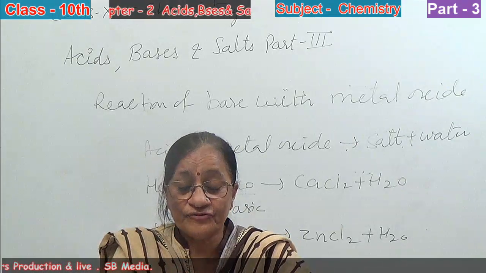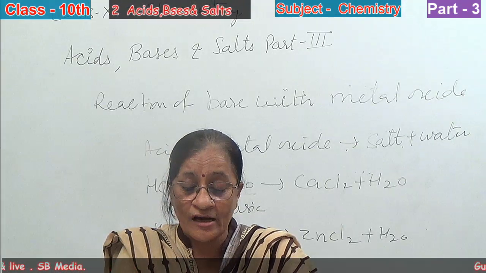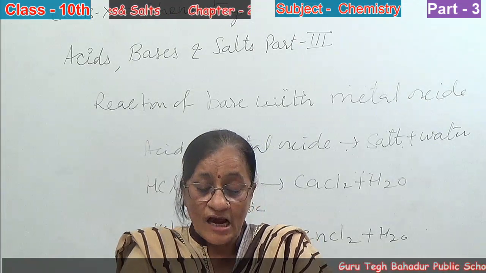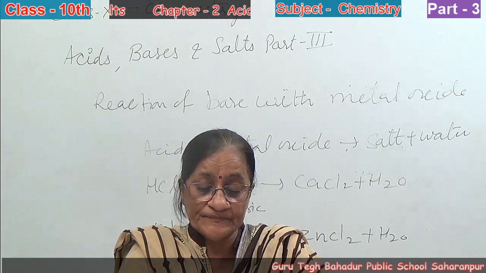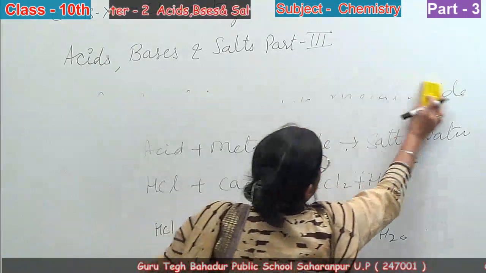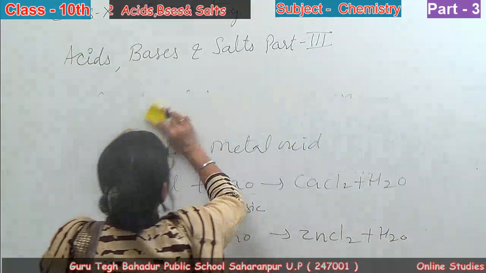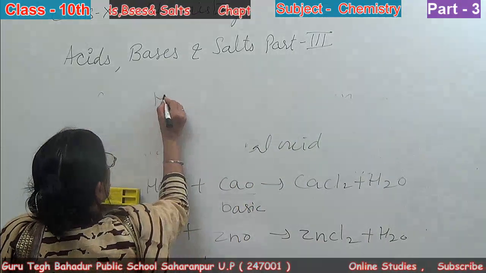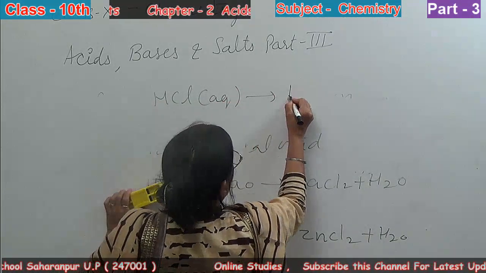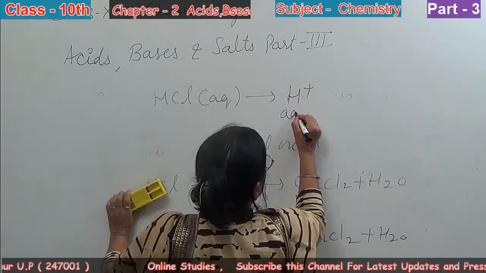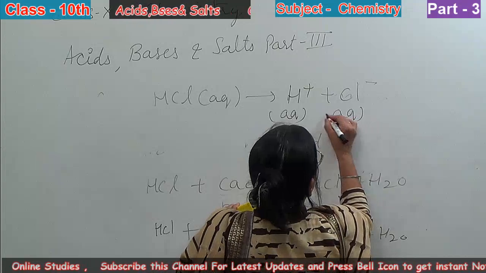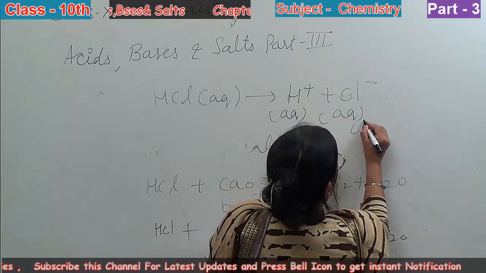Because of dissociation of hydrogen ions in aqueous solution, an acid shows acidic behavior. For example, if we take HCl in aqueous form, it forms H positive and Cl negative ions, meaning hydrogen ions and chloride ions.